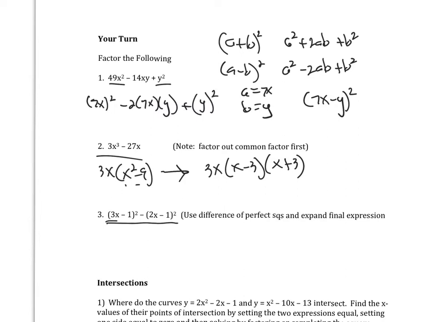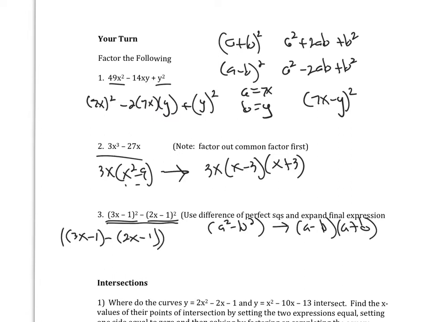Okay, difference of perfect squares. We have one thing squared minus the second thing squared. So we know that a squared minus b squared factors to a minus b times a plus b. And so here we would get 3x minus 1 minus 2x minus 1, and put that in parentheses, times 3x minus 1 plus 2x minus 1.